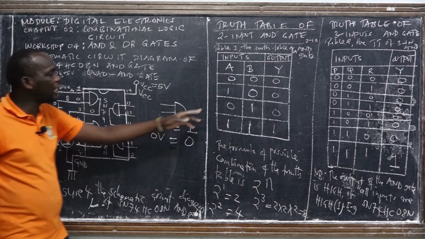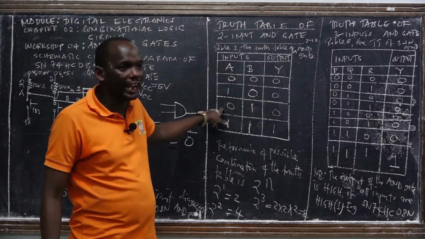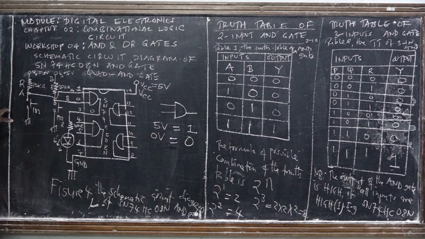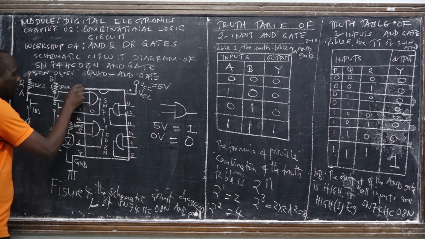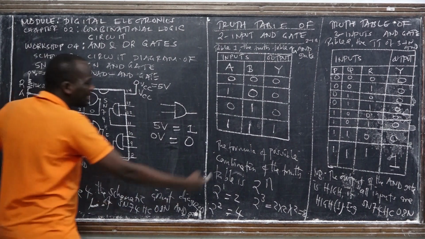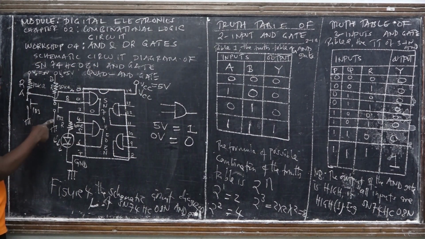Then we go for the third possibility. What is the status of input A? How can we get 0 here? We press it. Once we press, we get 0. Right? And what is the status of input B? 1. How can you achieve that? We don't press push button number 2.